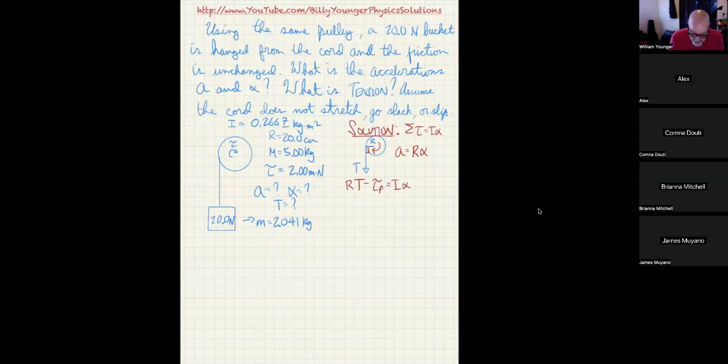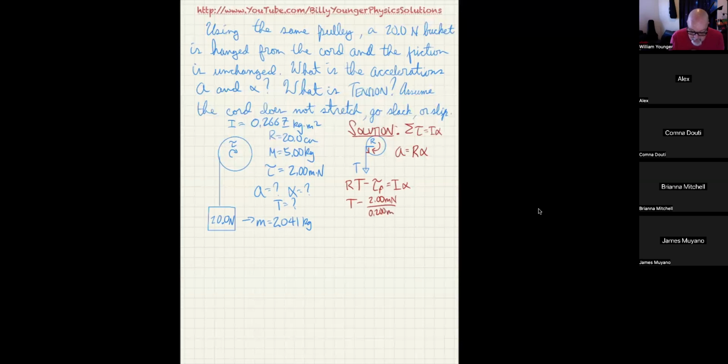So I'm going to put these numbers in. Obviously, I can't put the tension in because I don't know that, but I can, for instance, divide both sides by R, and I'll get T minus 2.00 meter newtons divided by 0.200 meters.